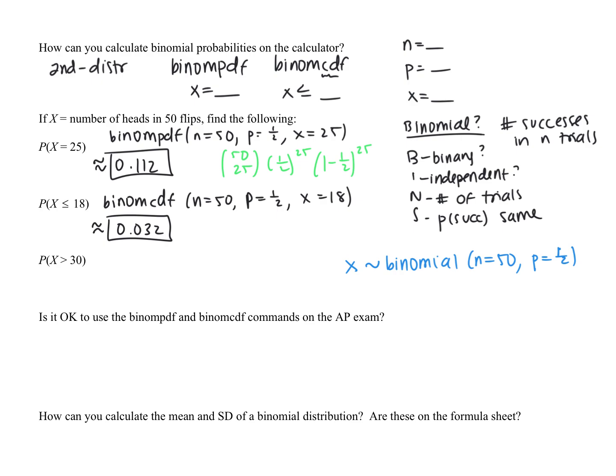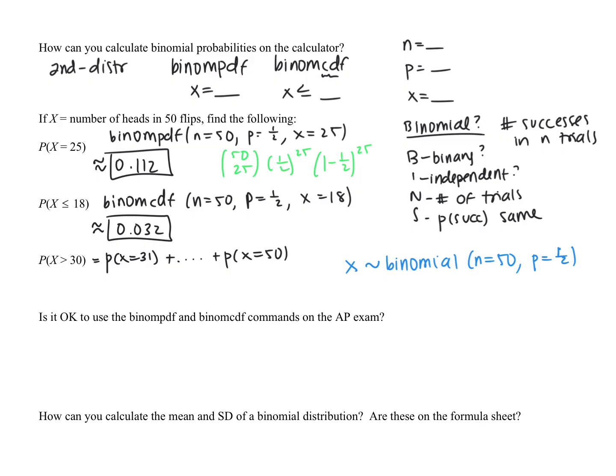So then, last one. What happens if it's greater than? If we're doing greater than 30, this would be the probability that x equals 31, 32, all the way up to 50. The calculator cannot do greater than. It can do less than or equal to, though. So we're going to calculate the complement instead.